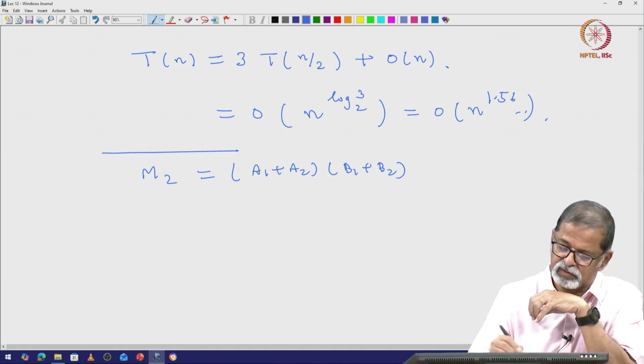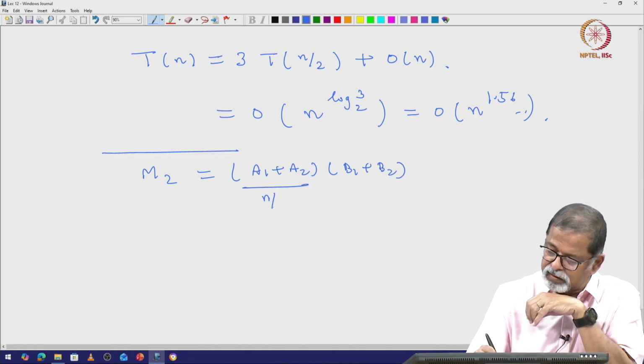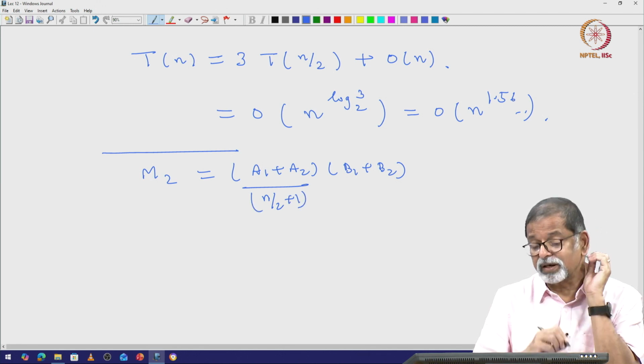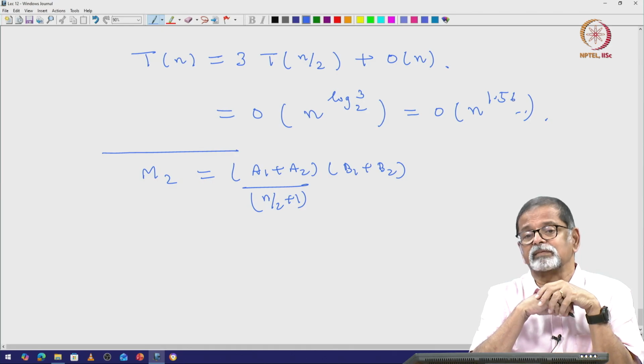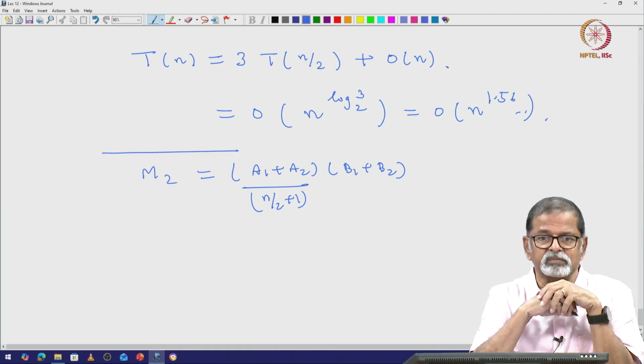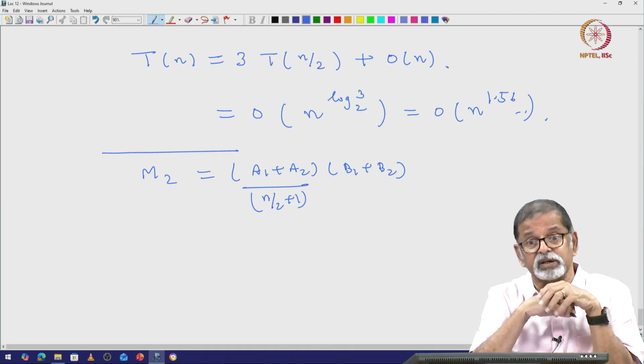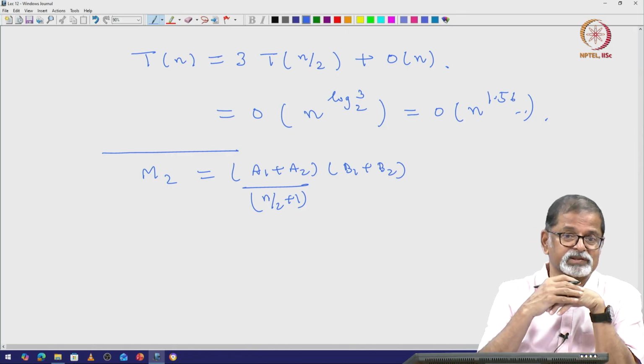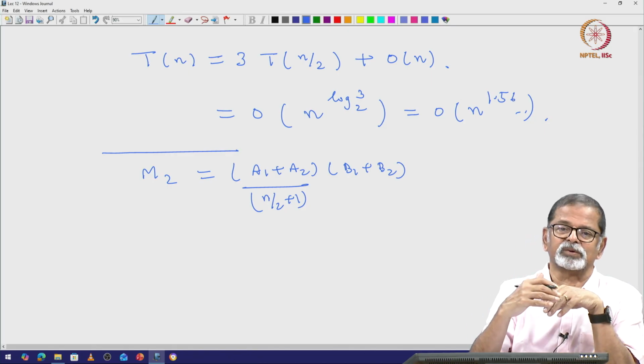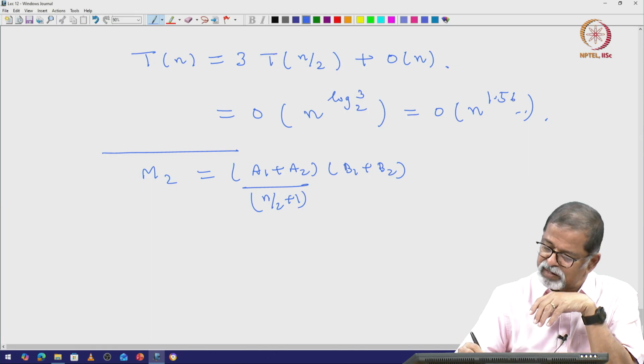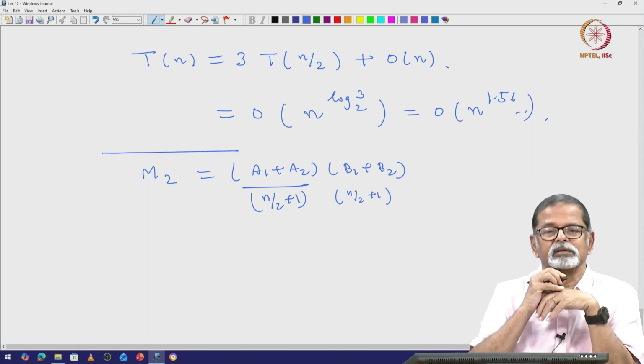But this can be n by 2 plus 1 bit numbers, because A1 and A2 may be n by 2 bit numbers, but A1 plus A2 may be an n by 2 plus 1 bit number when you add two n by 2 bit numbers. Similarly, this may also be an n by 2 plus 1 bit number.